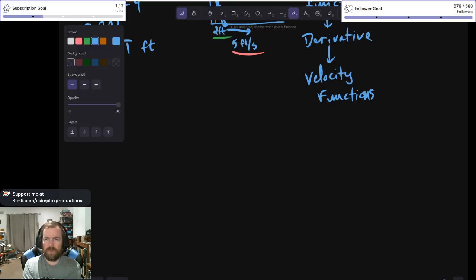And just to complete the diagram, if we take the derivative again, this ends up with an acceleration function.